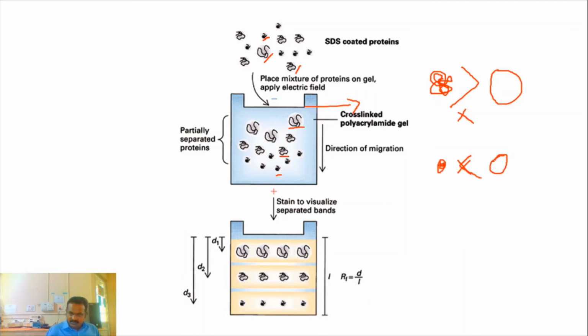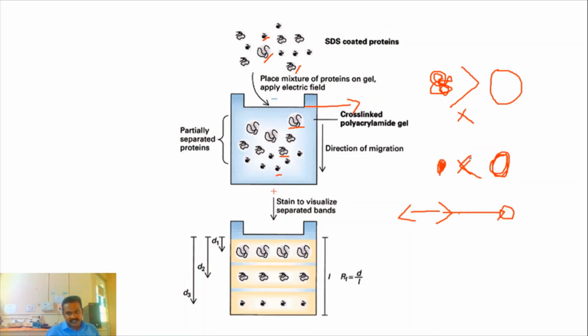You should always choose the pore size according to the sample. If you take a linear sample, it will easily migrate in a large pore size. So the size of the sample is very important.